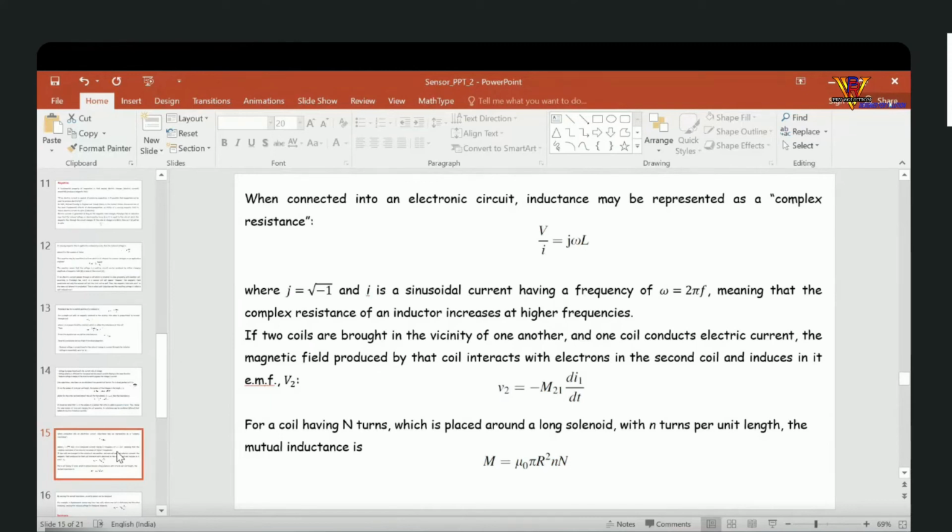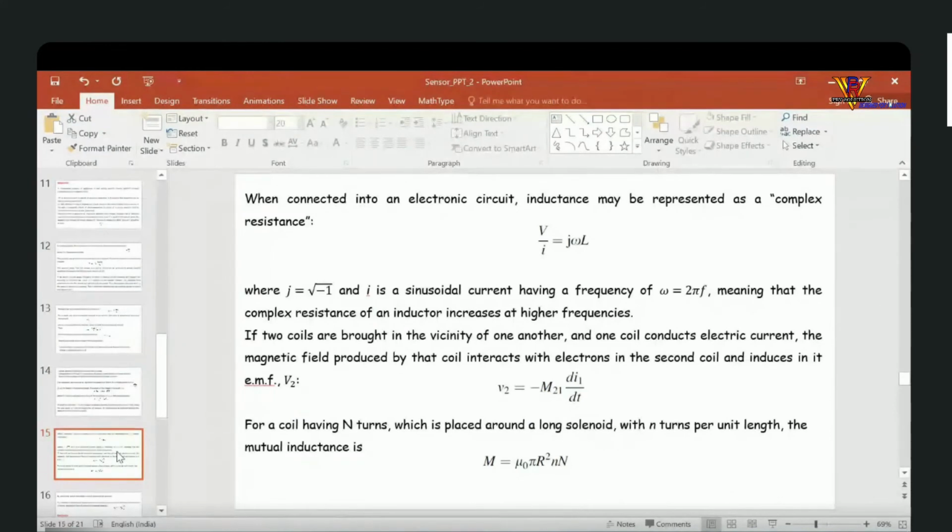So if it happens, then it may induce an EMF in the second coil, and that can be expressed in terms of V2 equals minus M21 times di1 by dt, where I1 is the current flowing in coil 1, V2 is the EMF induced in coil 2, and M is what? The mutual inductance between them.